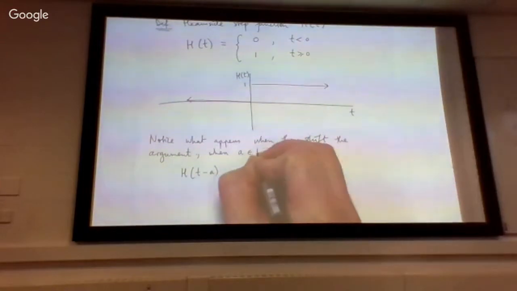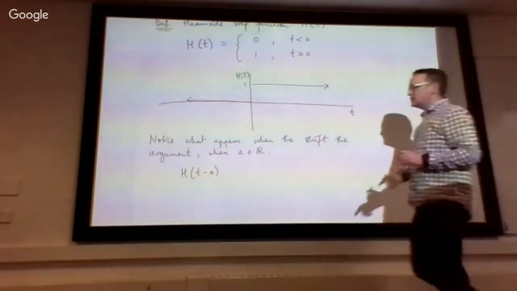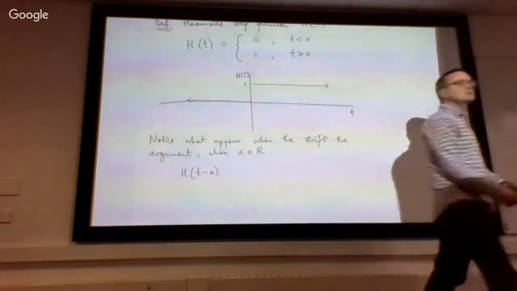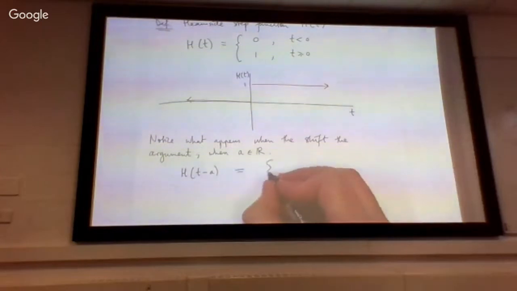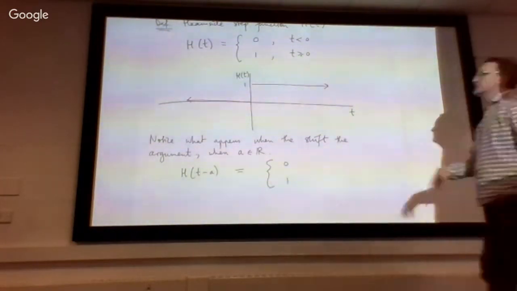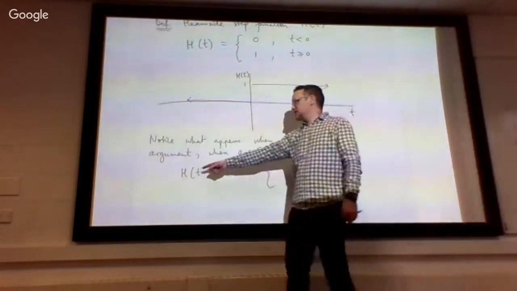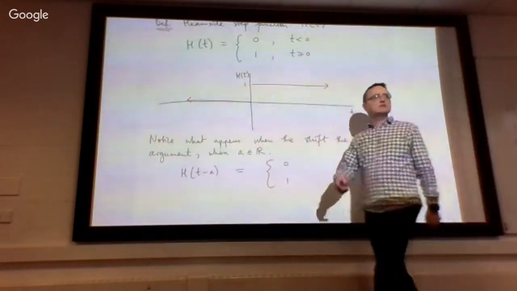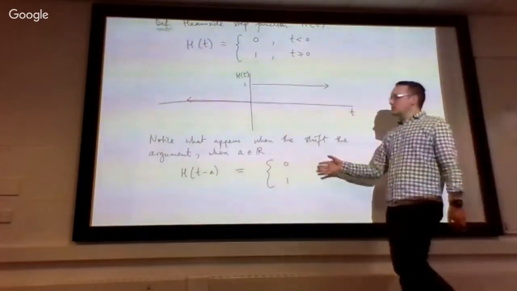So when a is some real number, and I don't look at the function H of t, I look at the function H of t minus a. Well, there's only two possible values this function can take. It's still a 0, 1 function. That's all the function H does. It's either 0 or it's 1. So that's going to be the same for H of t minus a as well, because it is fundamentally the function H. You can't do anything else but take the value 0, 1. The only question is where the switch happens.